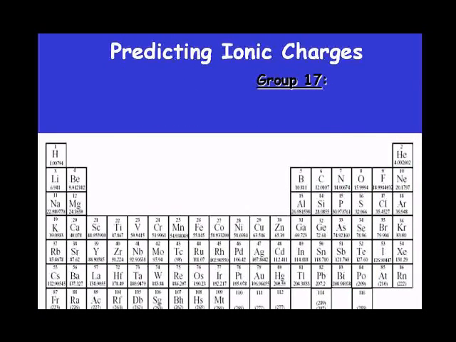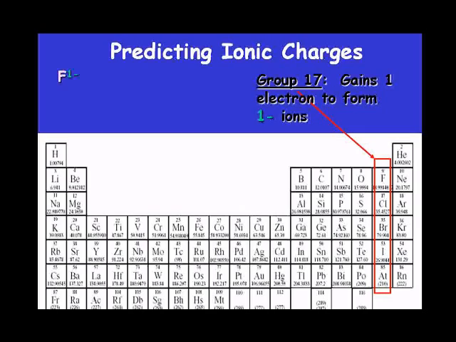Our group 17 or group 7A elements, our halogens, have 7 valence electrons. They want to gain 1, and these are all going to then result in a negative 1 ion. So we have F-, Cl-, Br-, and I-. So fluorine becomes fluoride, chlorine becomes chloride, bromine, bromide, and iodine, iodide.